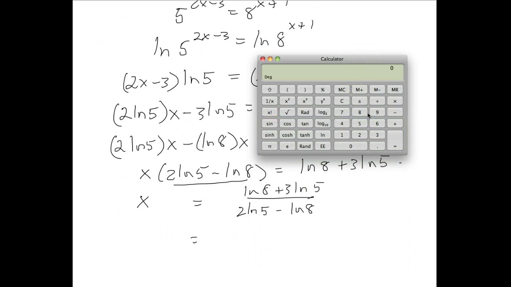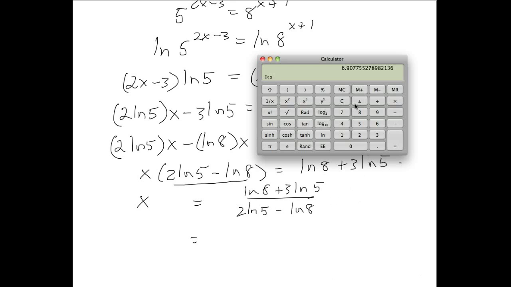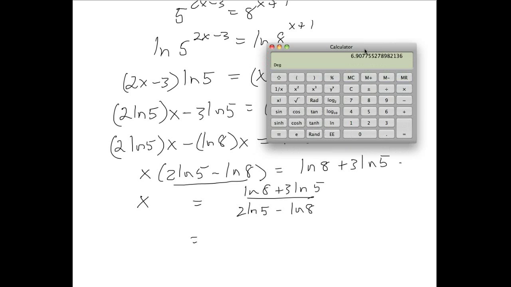So we have the ln of 8 plus 3 times the ln of 5, which is equal to this. So this is going to be approximately 6.9077553.